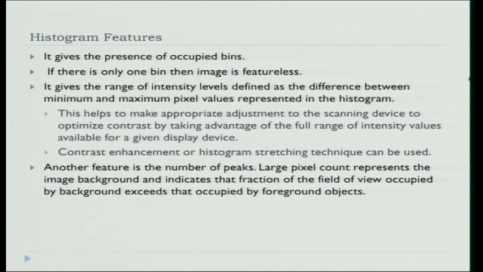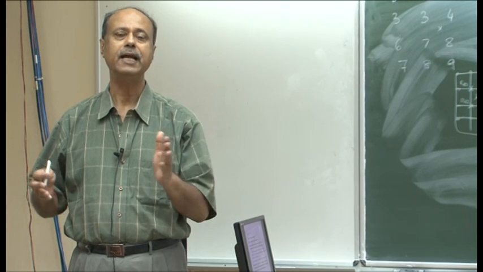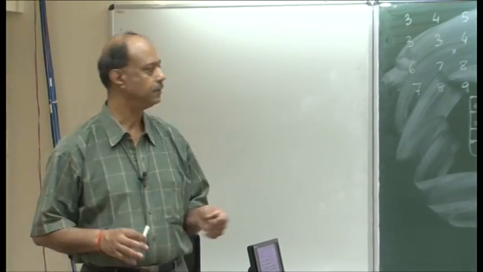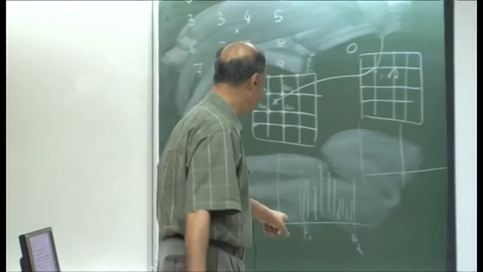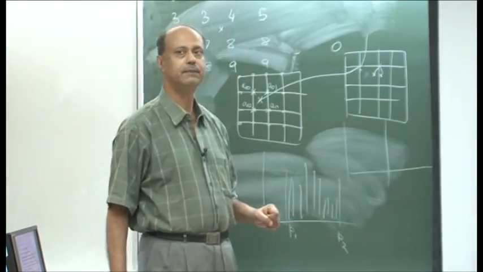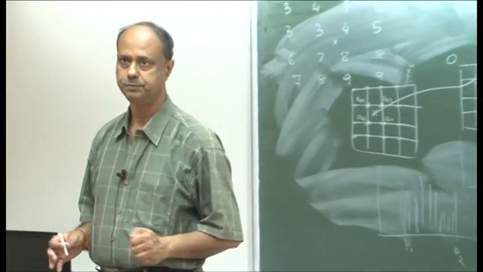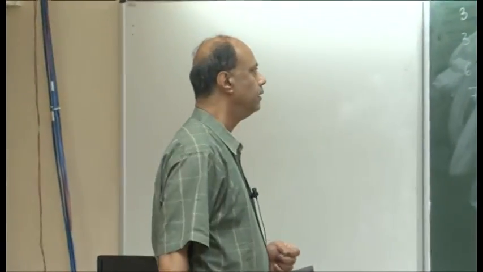By seeing the image or histogram, you can tell always what is the maximum intensity and the minimum intensity of the image. Am I right? Because you will be knowing this is the minimum intensity level and this is the maximum intensity level. So, range of the intensity levels is known to you, right.